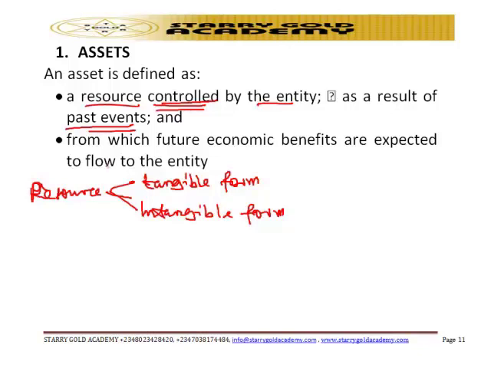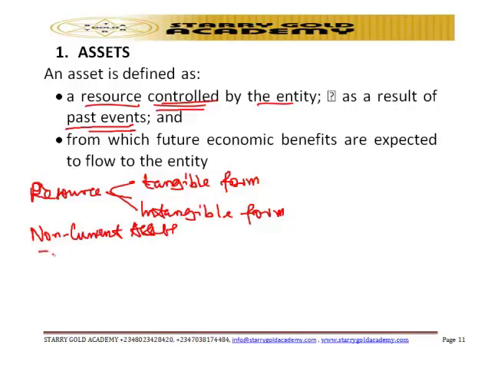So the forms of assets under the statement of financial position, we have two forms of assets. We have the non-current assets, the ones we used to refer to as fixed assets, but according to development in IFRS, they are referred to as non-current assets.